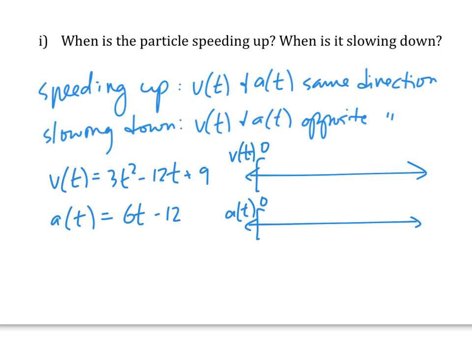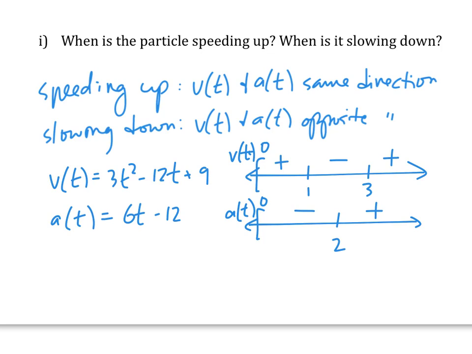Sign chart for V of t: we have 1 and 3, they're the zeros, and then we have plus, minus, plus. A of t, 6t minus 12. So that means A is changing direction at 2. So 2, and then we're going to go negative, positive.